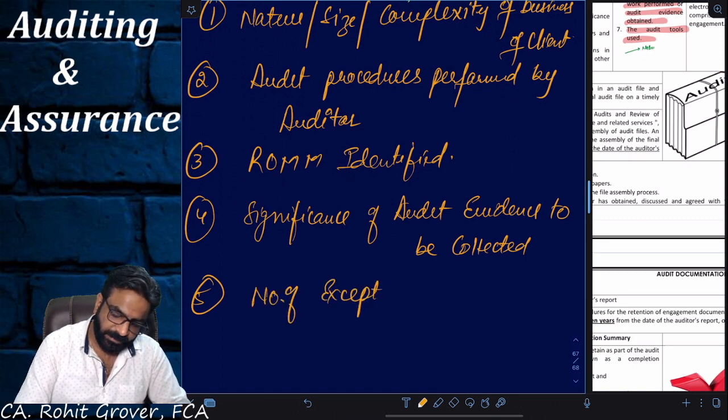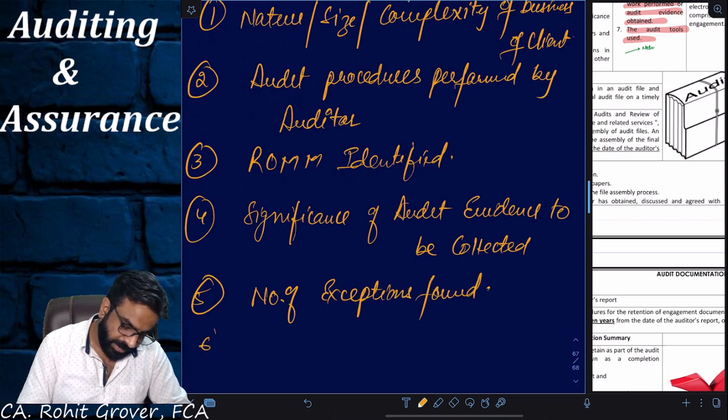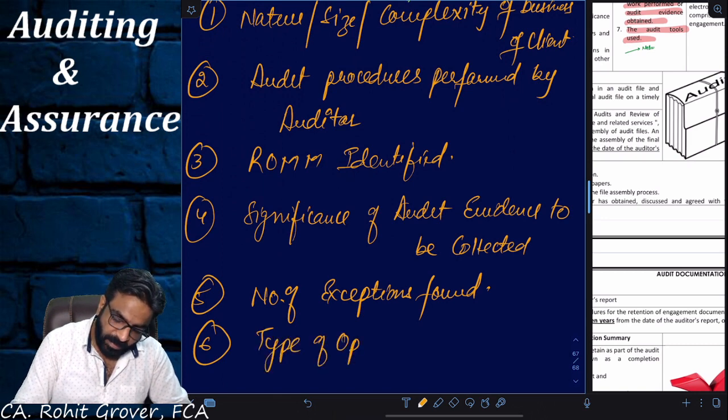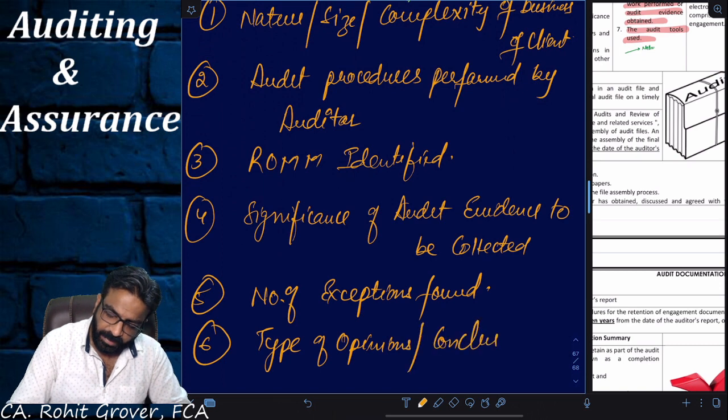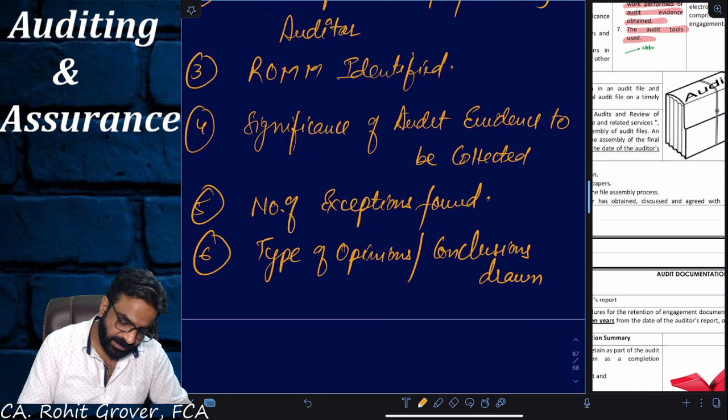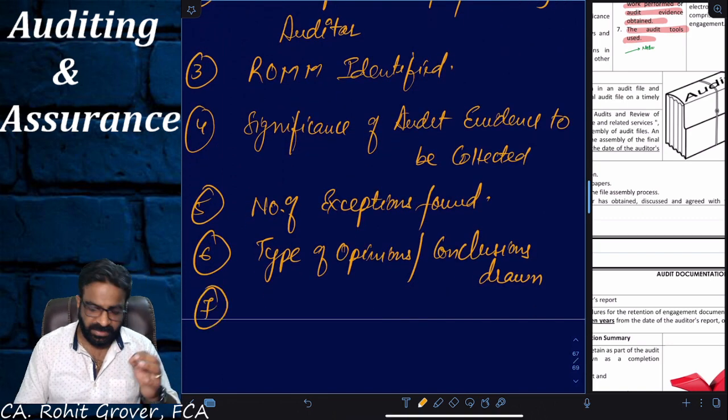Am I correct or not? Yes, sir. Number of exceptions found. And point number 6, everyone, type of opinion or conclusions you are drawing. Conclusions drawn. And last but not the least, everyone, the 7th one is what?